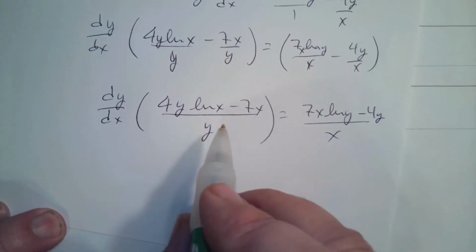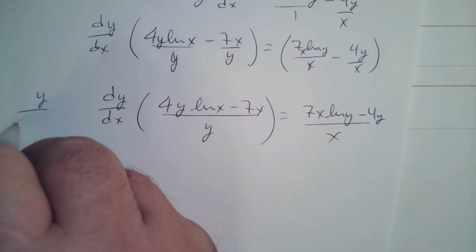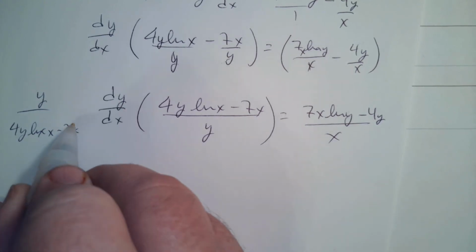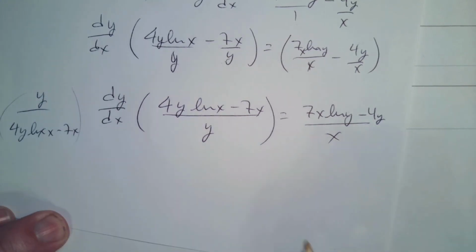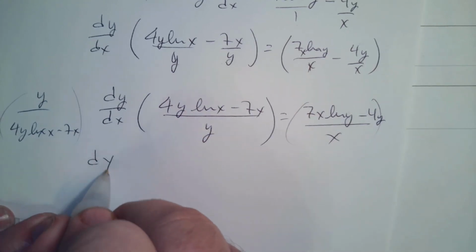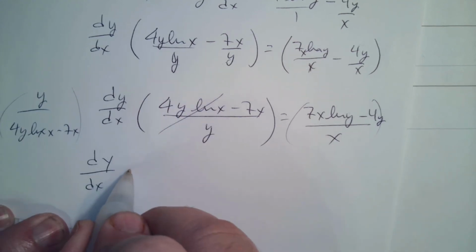Alright, so I have to multiply both sides by y over 4y ln x minus 7x. That's gone.